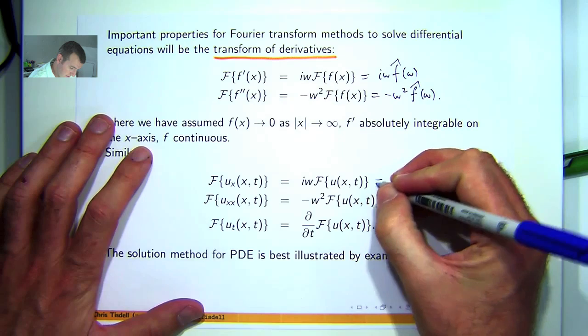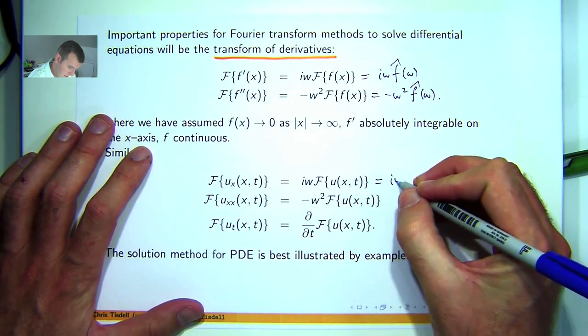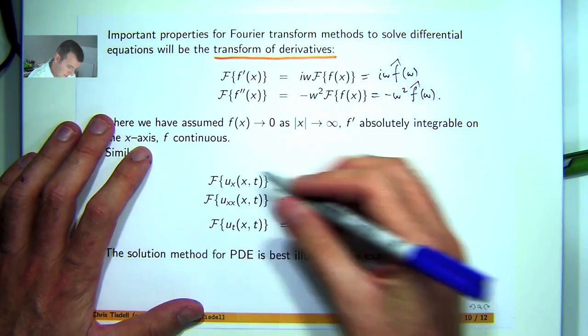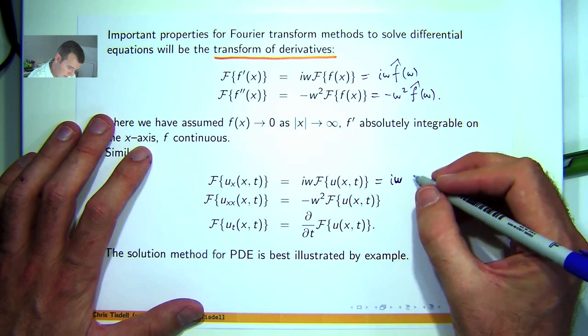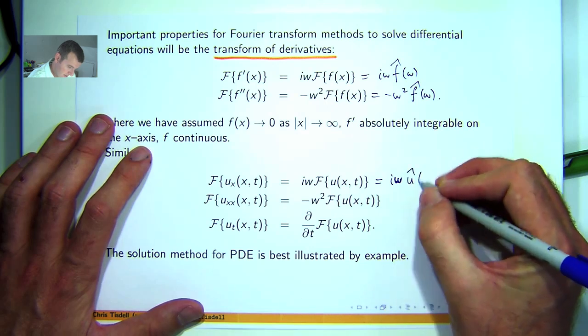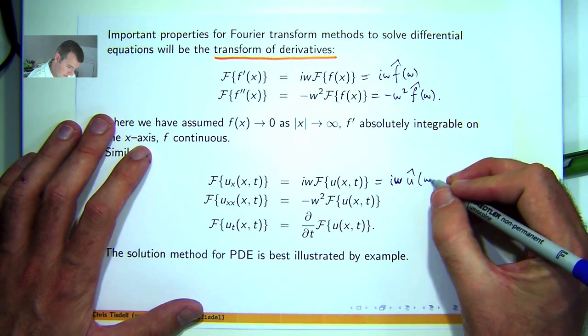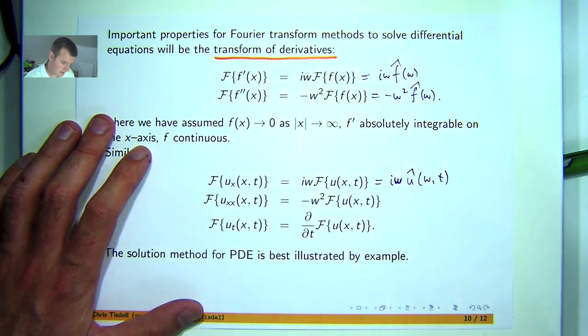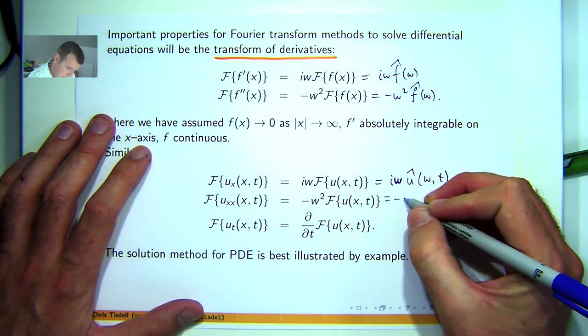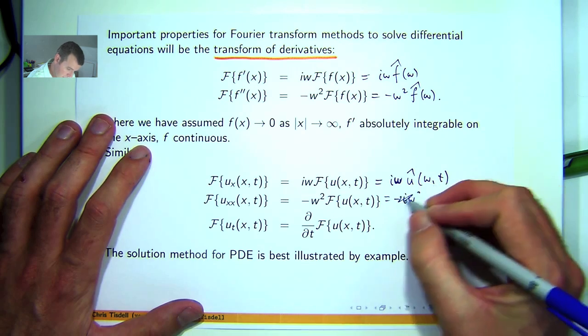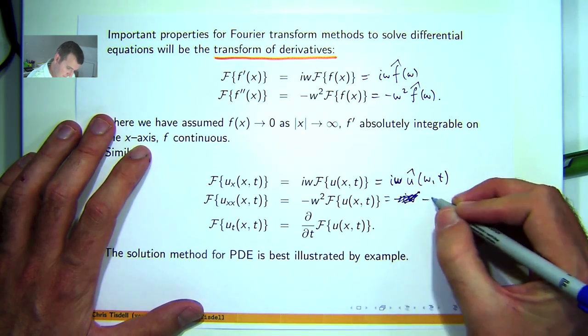Okay, so in the hat notation, using u hat as the transform of u with respect to x, you would get something like this. Oh, sorry. That would be a -w squared.